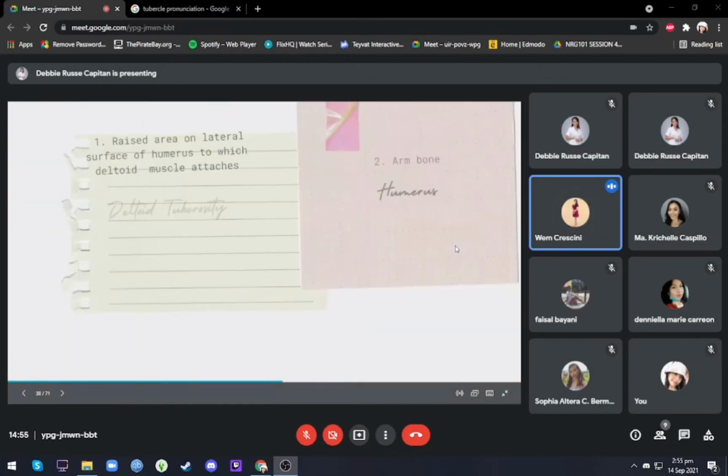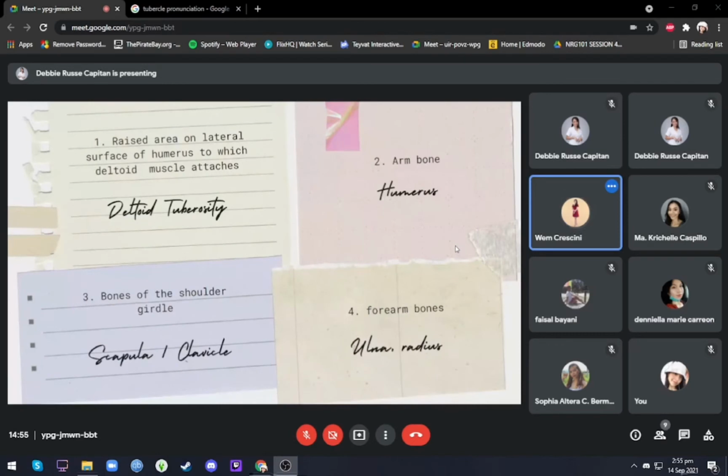Next, on the next page of our worksheet, we have our matching type.